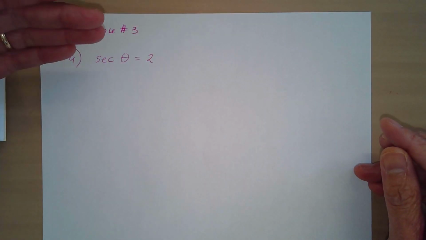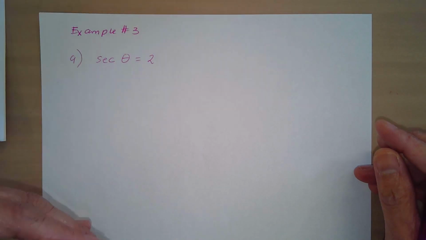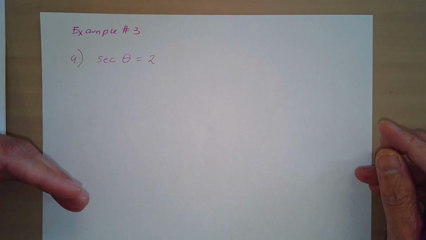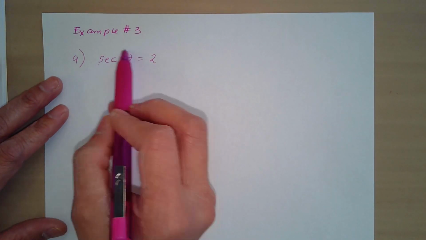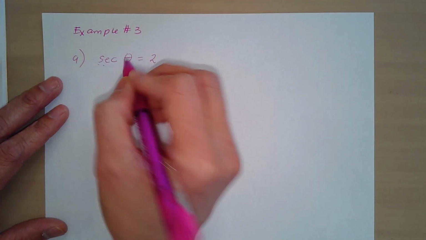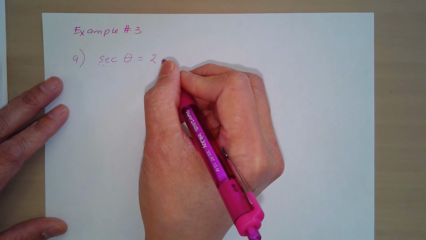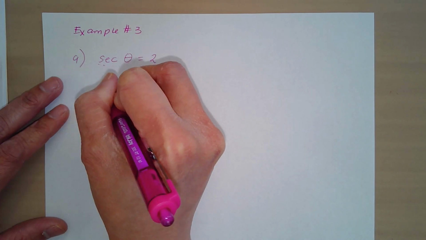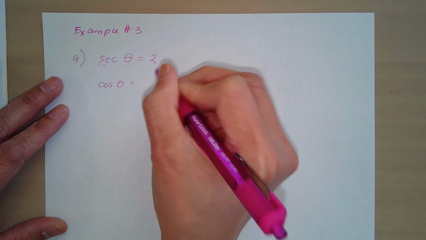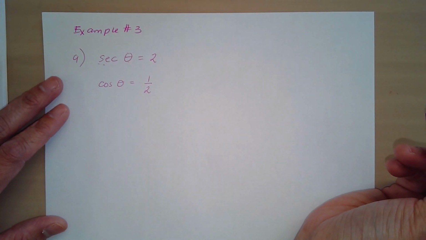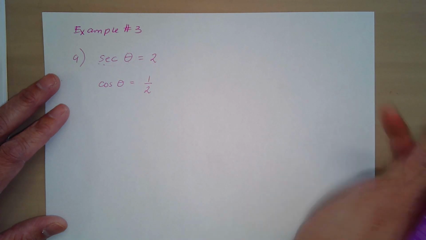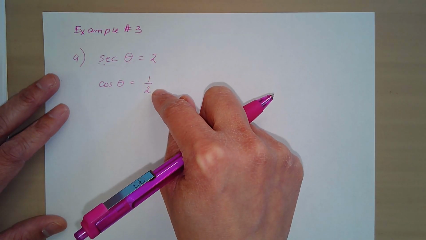Now we have to use our trig identity. Secant is the reciprocal of cosine. So when we say secant of theta is equal to 2, that means the cosine of theta must be 1 over 2. Yes? Is everybody okay with that?